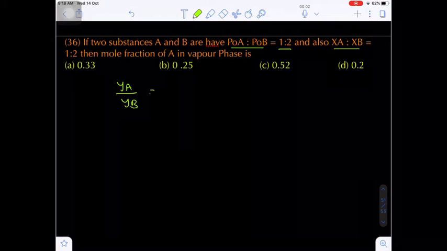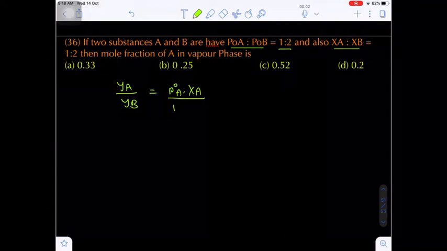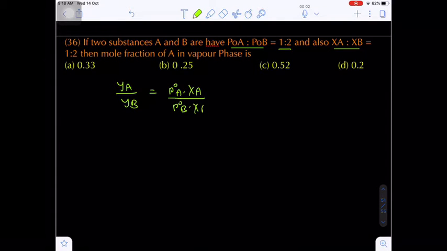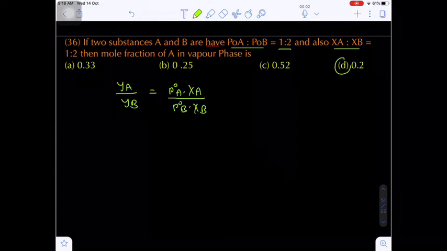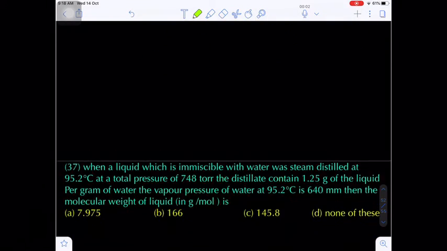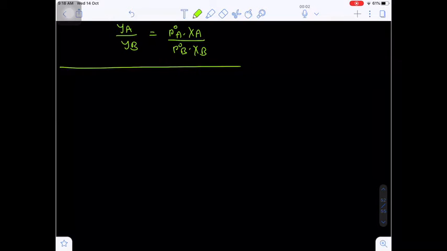I am just giving the formula, that is Ya upon Yb equal to P naught A into Xa upon P naught B into Xb. Are you getting my point? So you will get Ya, that is the mole fraction of the component in the vapor phase. The answer, I am directly writing, is 0.2. Okay, practice it yourself.